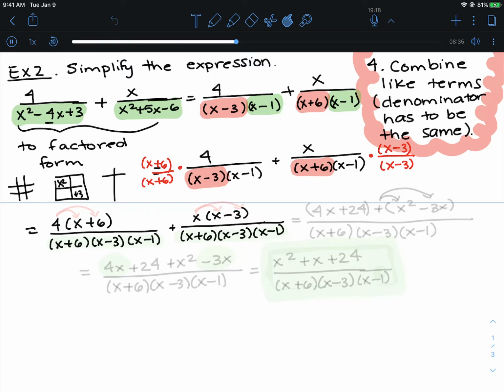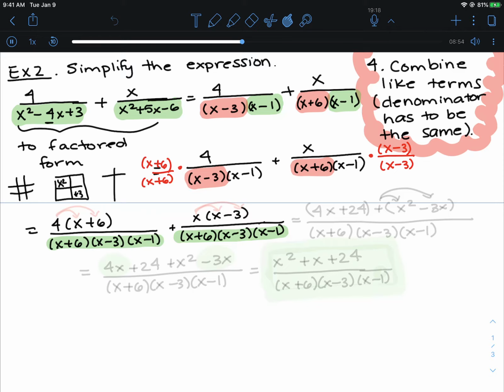Now, if you look at this, they both now have the same denominator, meaning that now that they have the same denominator, I can go ahead and add my numerators. And remember, the denominator is not going to change. The denominator will stay the same.